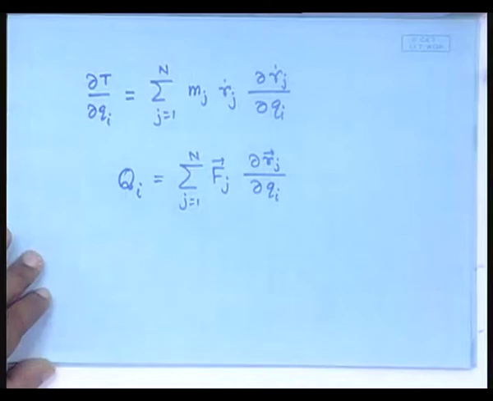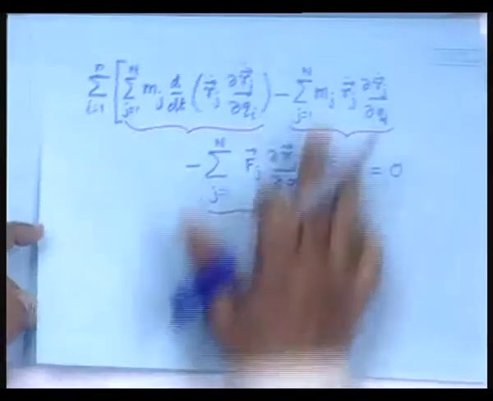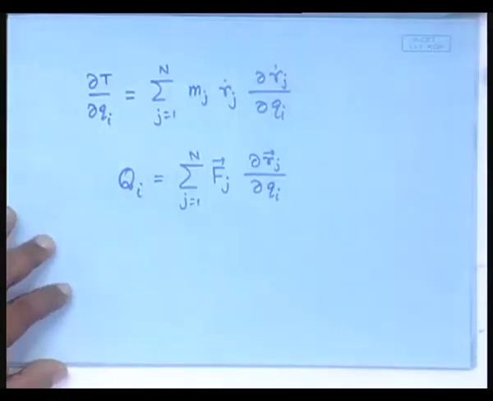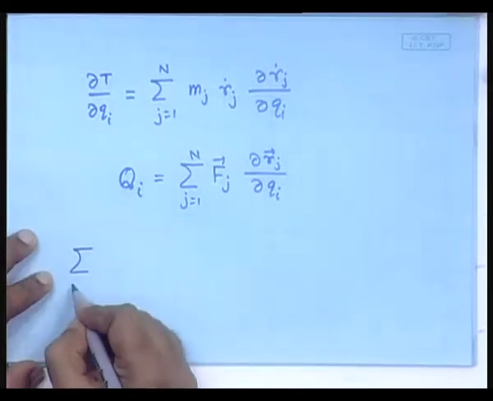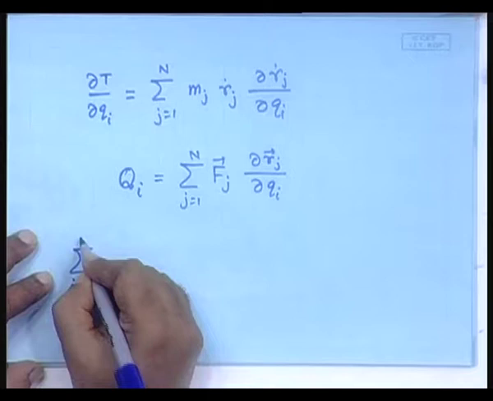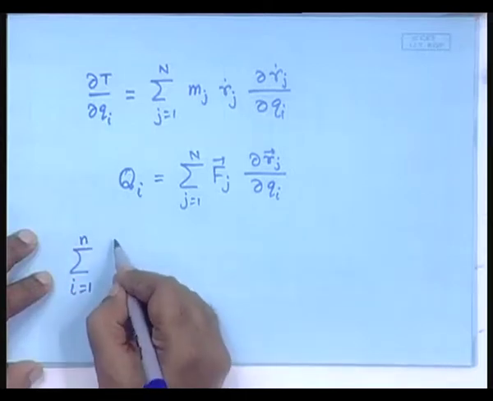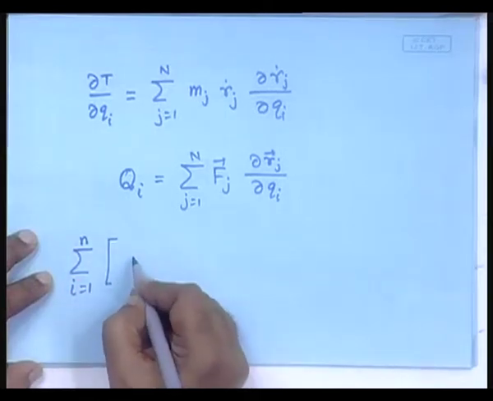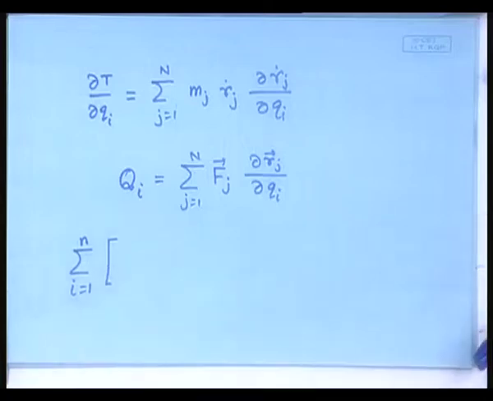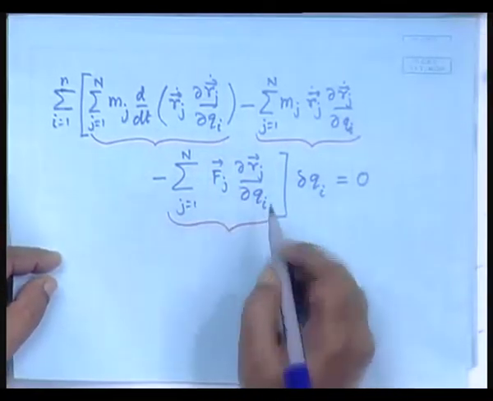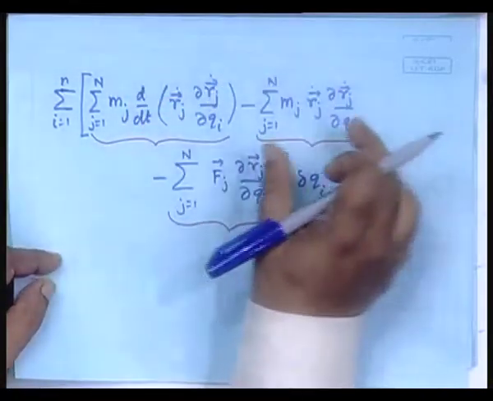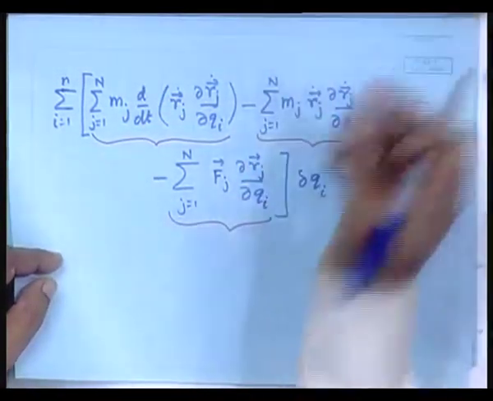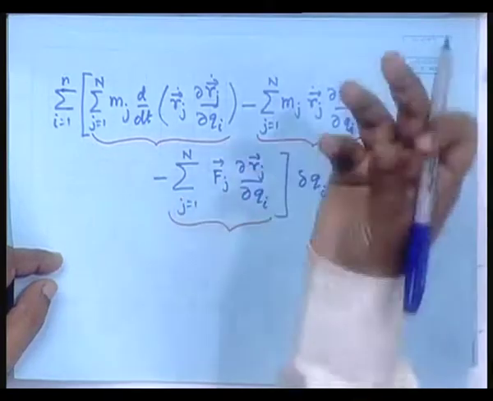So, we can now express this equation in a much simpler and elegant form, as a sum over I equal to 1 to small n, and then we had written... Now, all the summations go away, because this term summed together is some simple term, this term summed together is some simple term, this term summed together is a simple term.